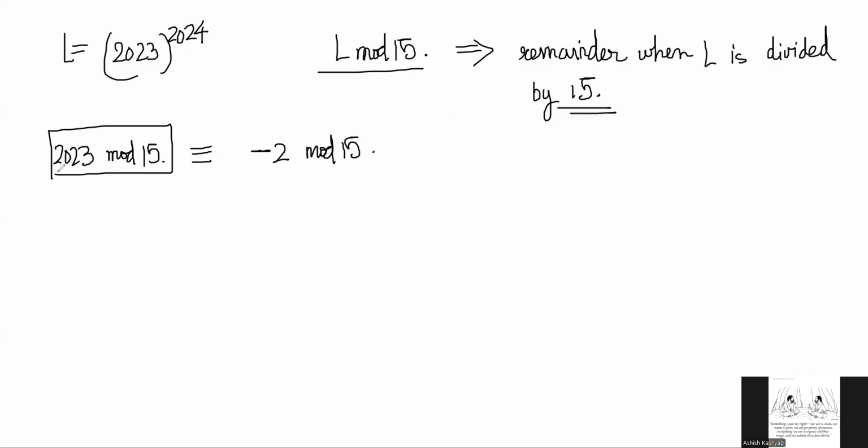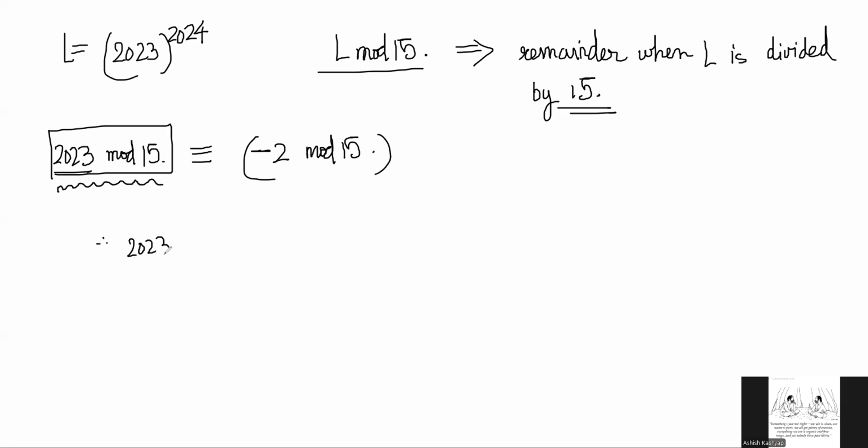Basically, 2025 is divisible by 15. It is divisible by 3 and it is divisible by 5. So 2023 is minus 2 mod 15. So by basic properties of number theory, you know that 2023 mod 15 is this.